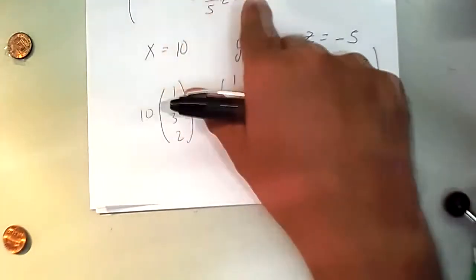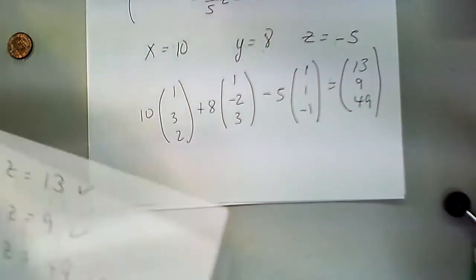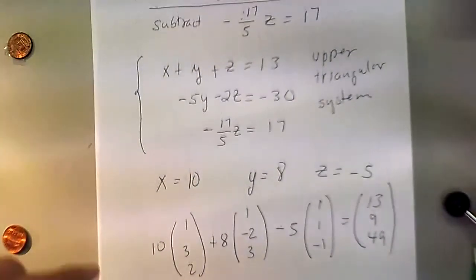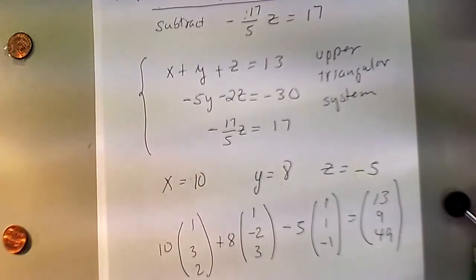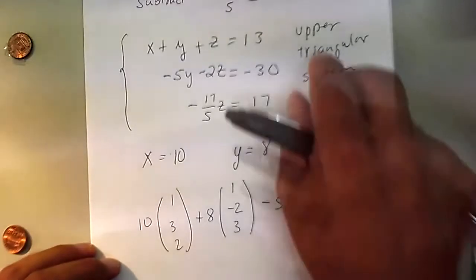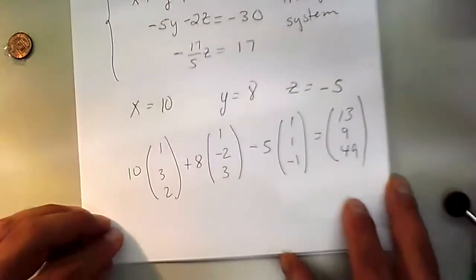Now, it turns out that when we look at this system of equations, we have 3 different vectors. That is interesting.